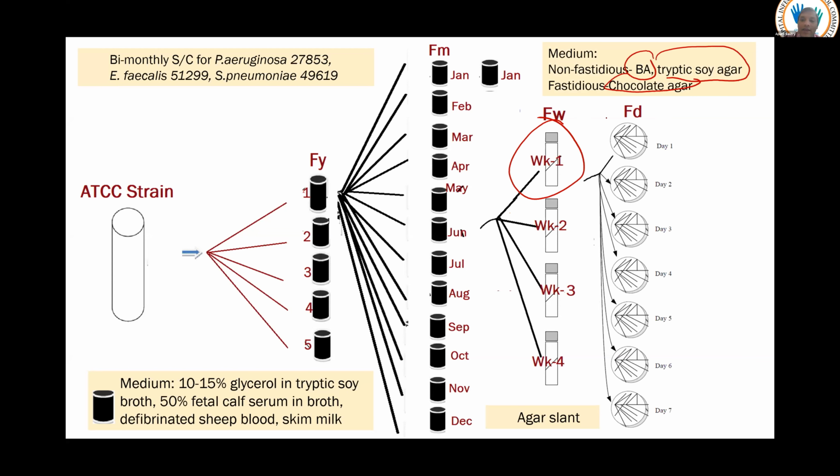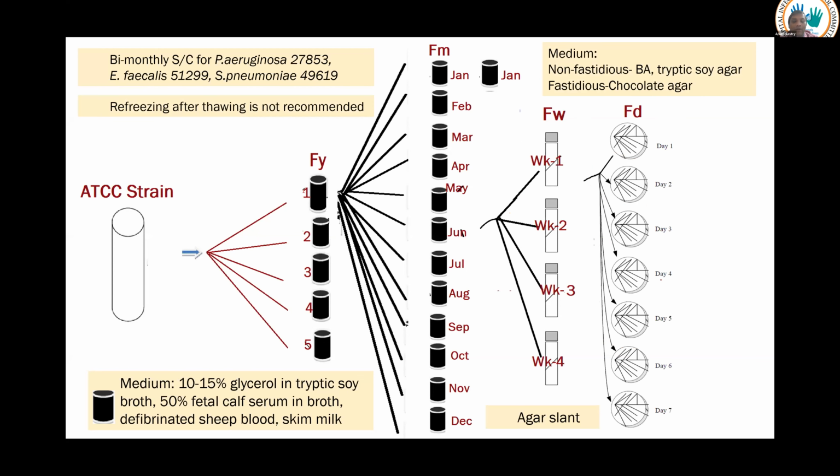Every day you can do the subculture on the plates. After you perform the QC strain, the daily subculture plate needs to be discarded. I repeat, the daily subculture plate you should not store, it needs to be discarded.